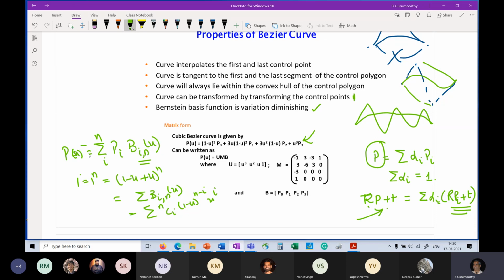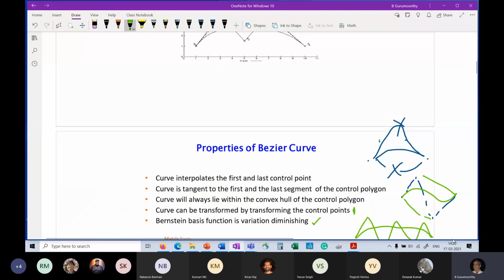Instead, all you do is you just have to transform these small n points, which is much smaller than 10,000, and then recompute the curve, which, as we saw, is just a series of linear interpolations somewhere over here.